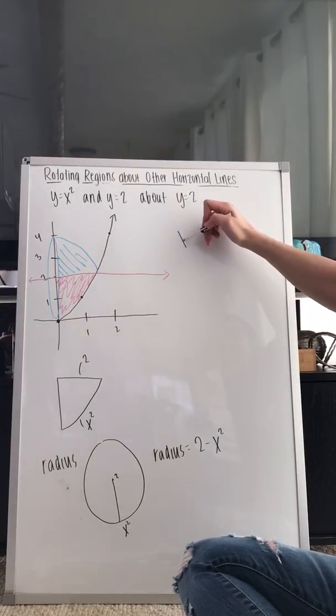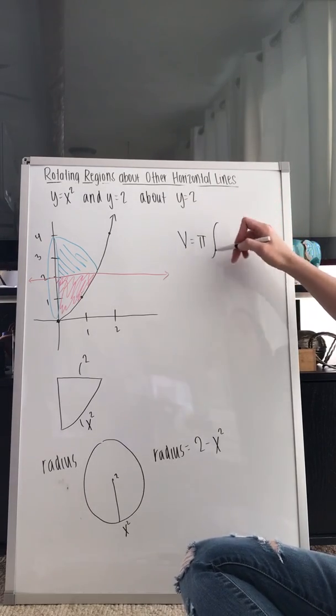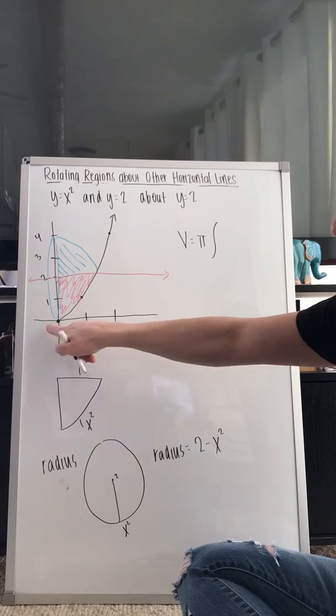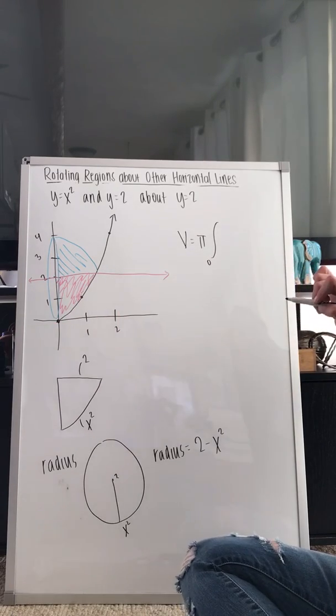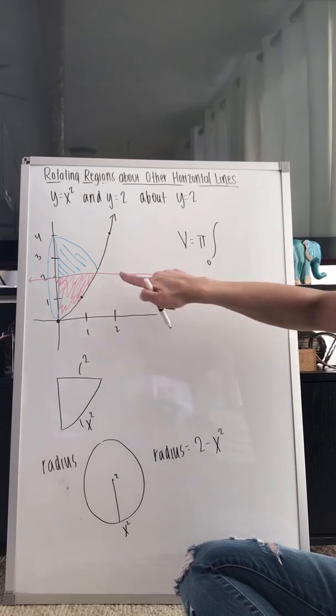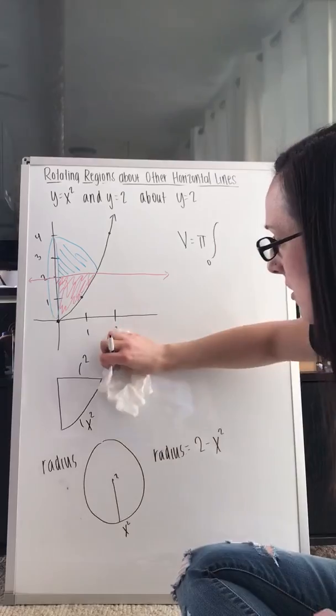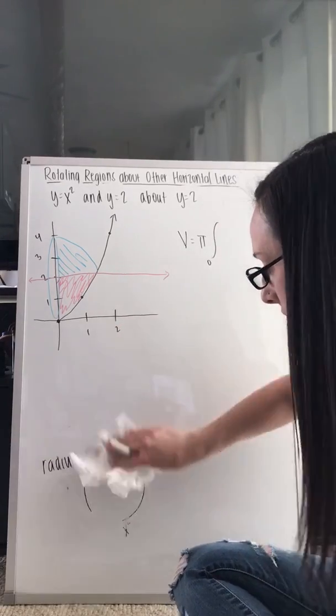So what is that going to look like in terms of volume? Well, we're still using the same. Volume is equal to pi times the integral from, let's see, we're working from the x value of 0. Oh, I haven't actually found out what that corresponding x value is. I know its y value is 2, so I'm actually going to need to find the intersection point here. Let me erase this.